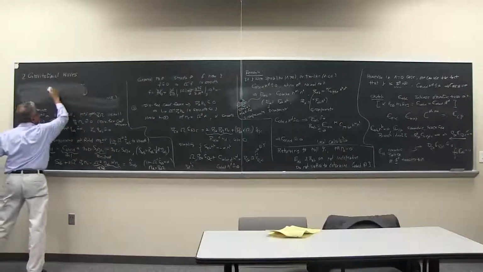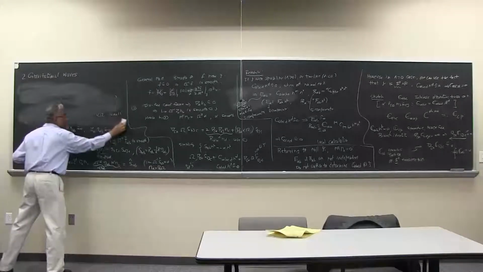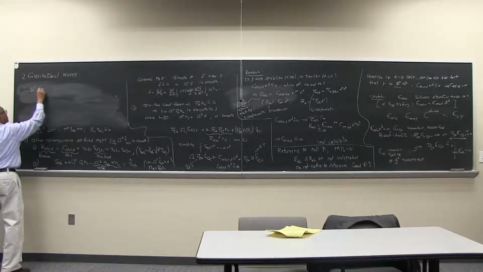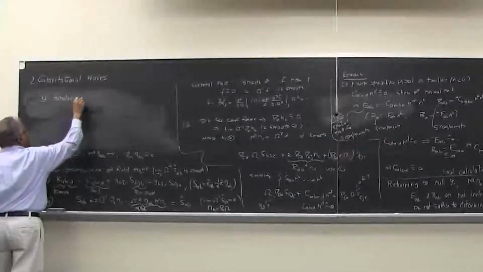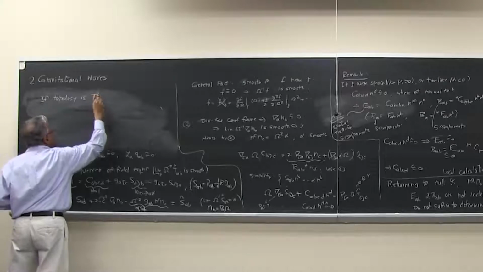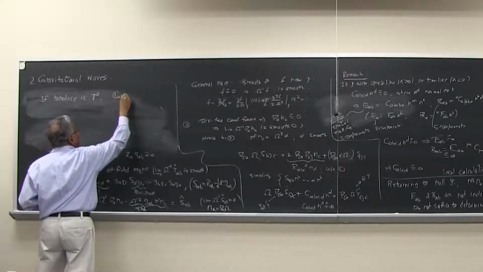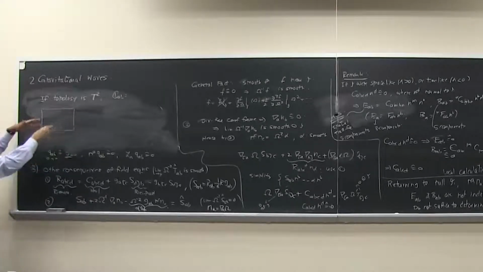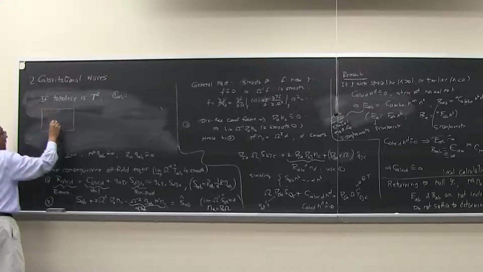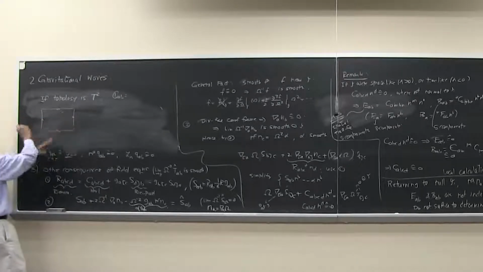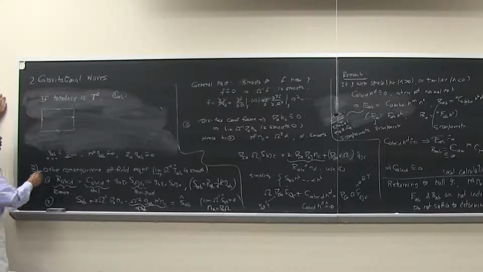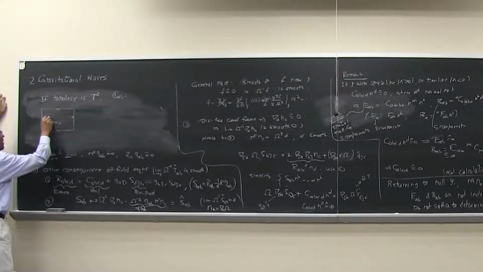Just for the side remark, in the case of the two torus, you can think of it as being just a two-dimensional flat rectangle with x and y, where this is identified and this is identified. That gives you a torus. This identification gives you S1, this identification gives you another S1, so you get S1 cross S1, that is the two torus. And this is the x direction, and this is the y direction.